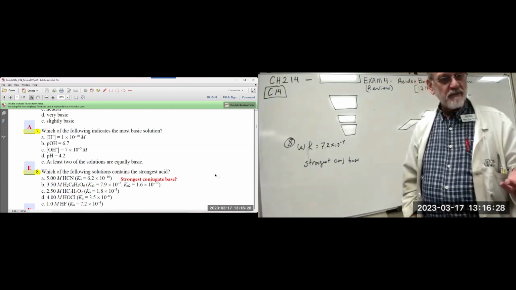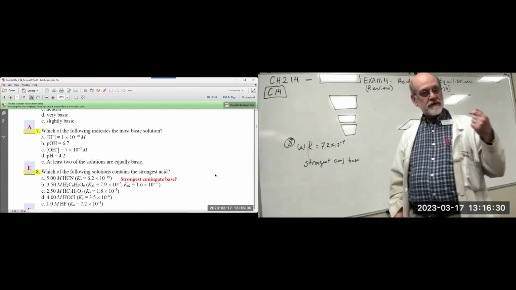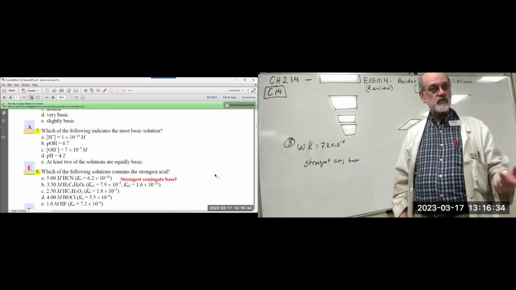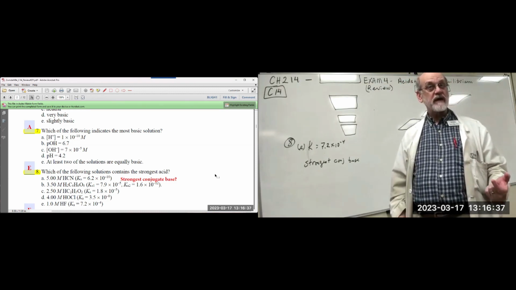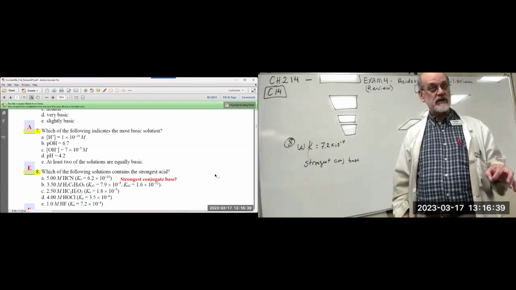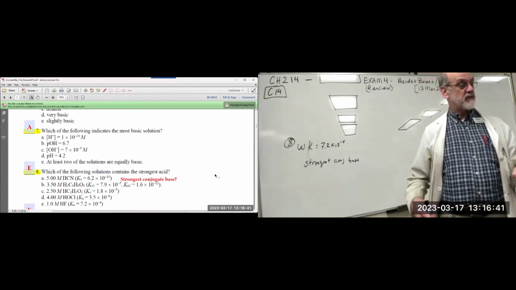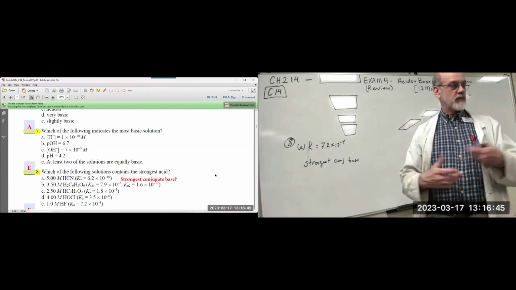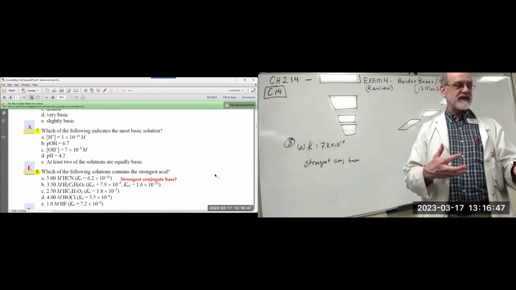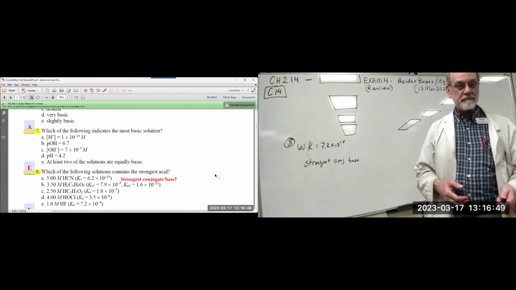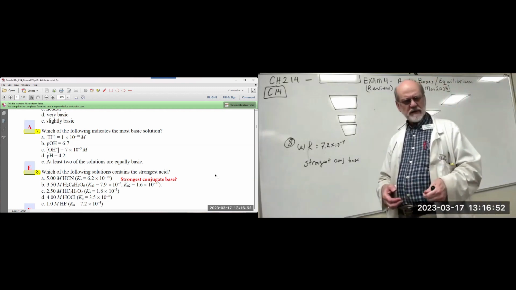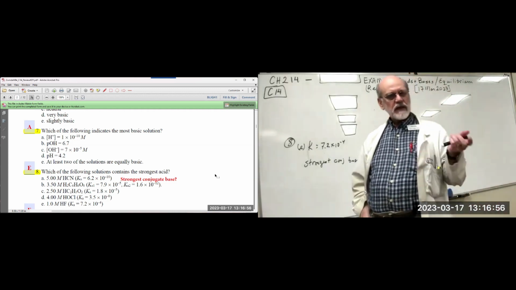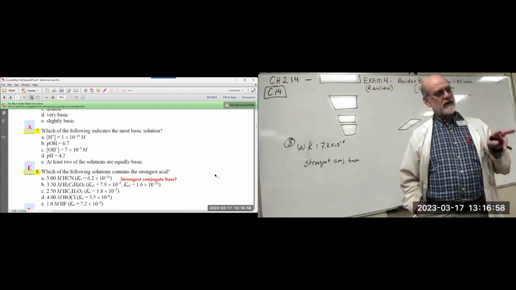But we have B with 2 K values. And the second K value is extremely weak. So that would make an extra strong conjugate base. So B would be the best answer for that one. If that were the question, which one's the strongest conjugate base? It would be B. B, by the way, is ascorbic acid, vitamin C. It has 2 dissociable hydrogens.